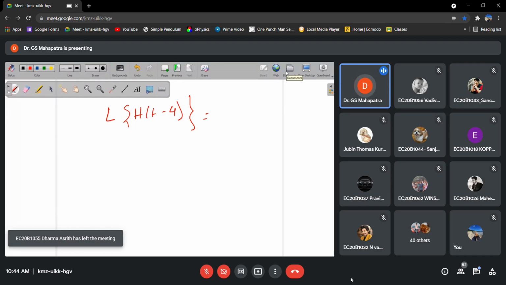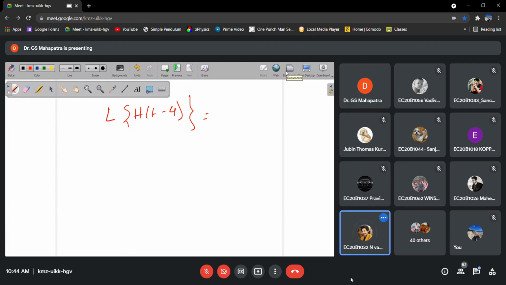Roll number 32. Yes, sir. What is the Laplace transform of this one? L of h of t minus 4. E power of minus 4s by s. But if you say like that, I can't actually follow. Just 1 by s into e power of minus 4s. Okay. Roll number 55.